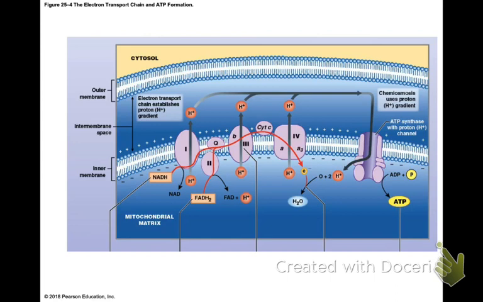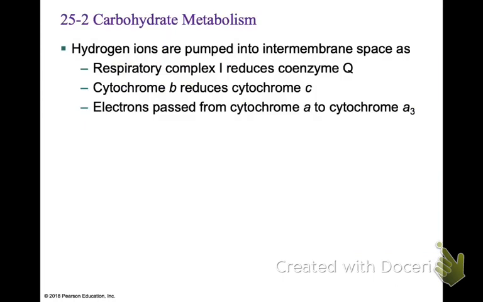The number of ATP produced per hydrogen is hard to calculate. It's actually not a set number. But in general, what we say is that each NADH pumps enough hydrogen to produce 3 ATPs, and the FADH2s can only produce the equivalent of 2 ATPs.